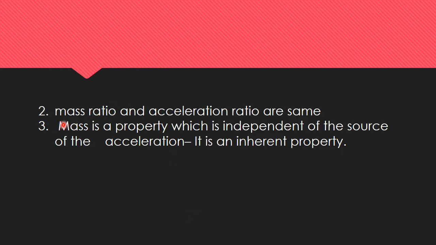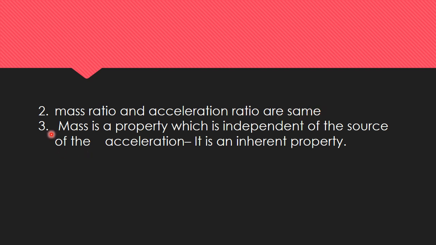From this relation, we arrive at the conclusion that the mass ratio and acceleration ratio are the same. Mass ratio means M1 by M2 or M1 by M3, and that ratio and the acceleration ratio A1 by A2, A1 by A3, etc. are always the same.